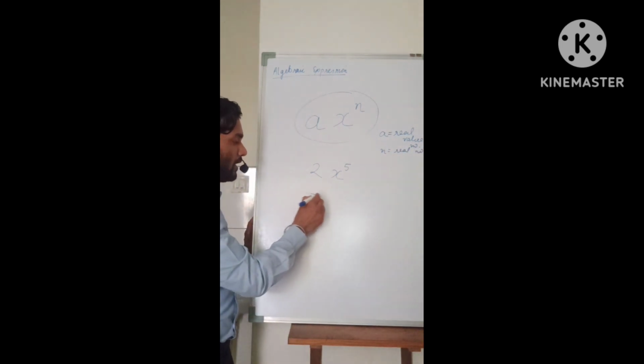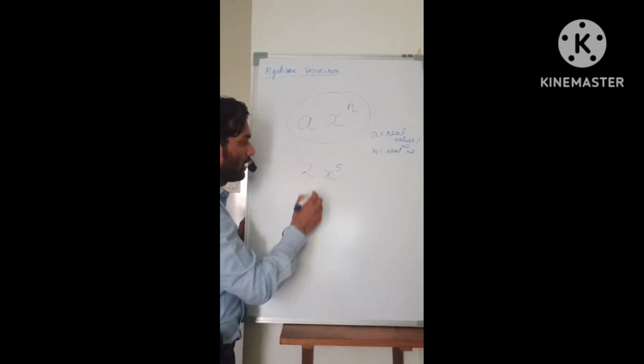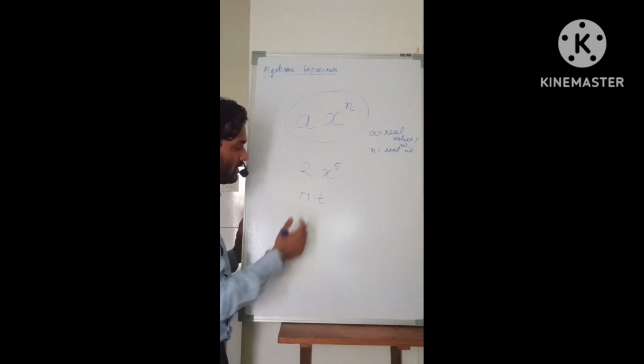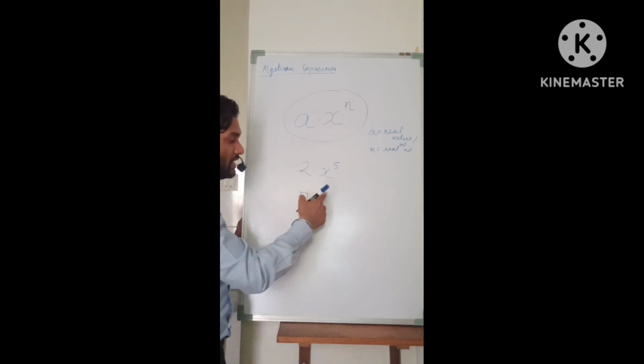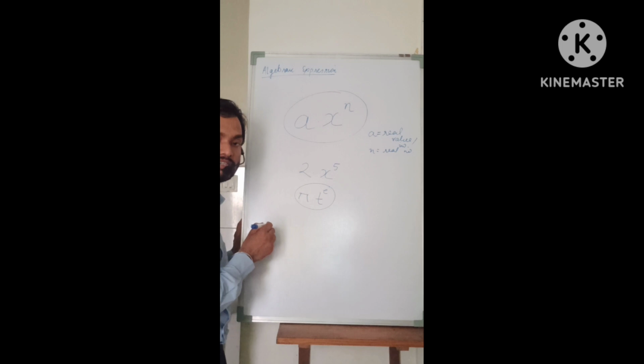Suppose I write pi, which is also a real number, of course irrational, and I take the variable this time as t, raised to some power, say e. e is also a real number, pi is also a real number, so this is also an algebraic term.